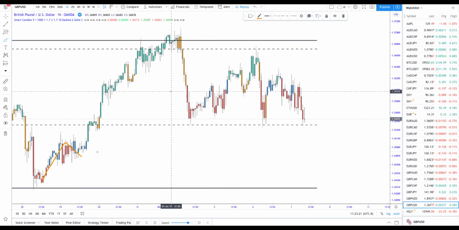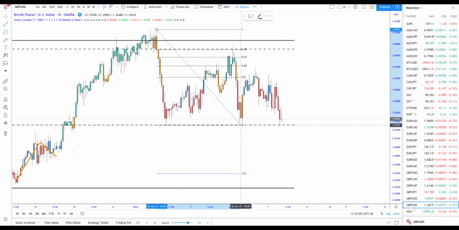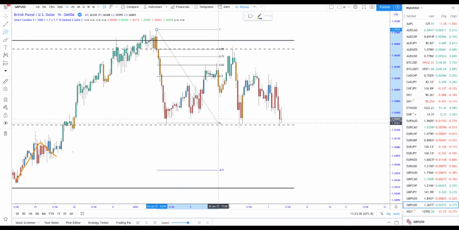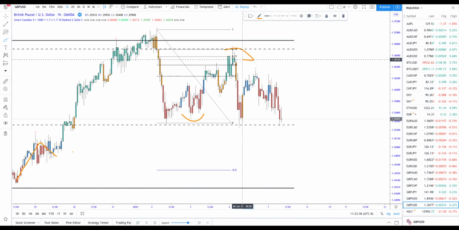So when they do happen though, here's the low. We actually did have one pop up here as well. Came up, there's the 79. This is actually a specific setup that we look for if you're in some of the more advanced programs that we offer.